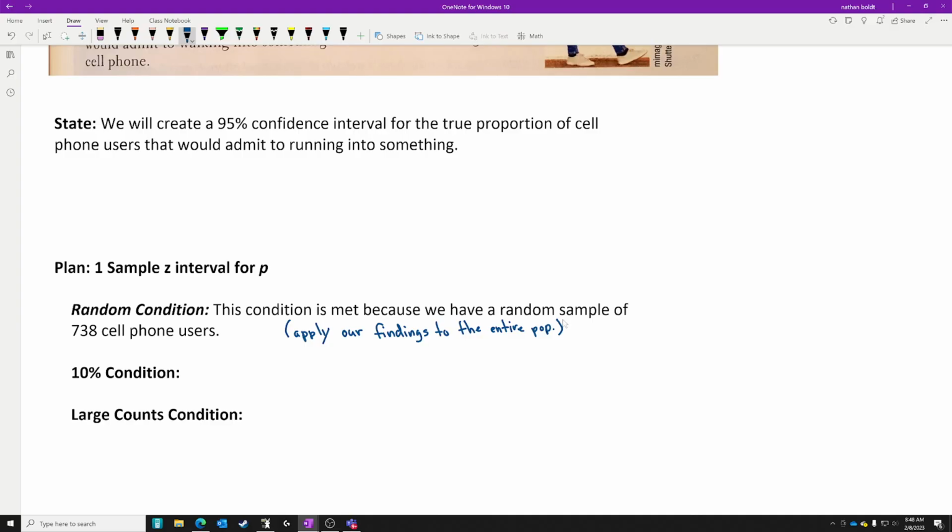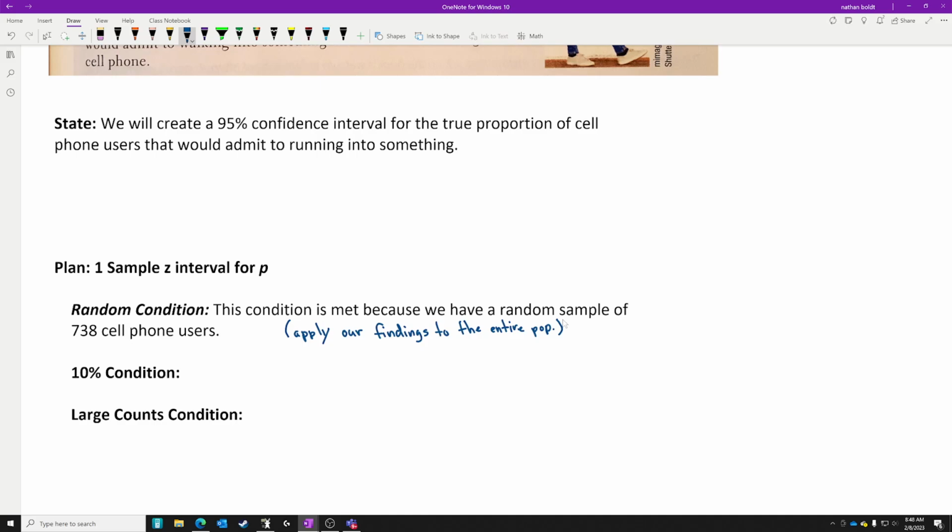That was a big thing when we talked about experiments versus random sampling. You are allowed to extrapolate your findings, to apply your findings to the population that you sampled from, as long as you did a random sample. That was the issue with experiments. Experiments, you aren't randomly picking people.